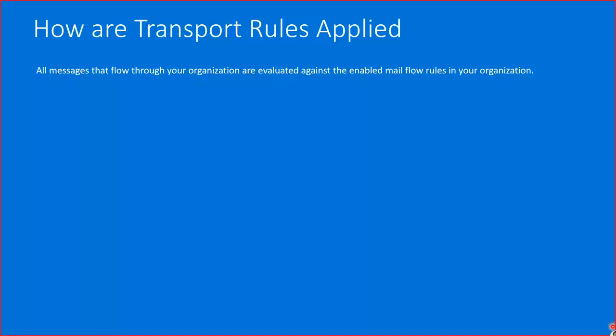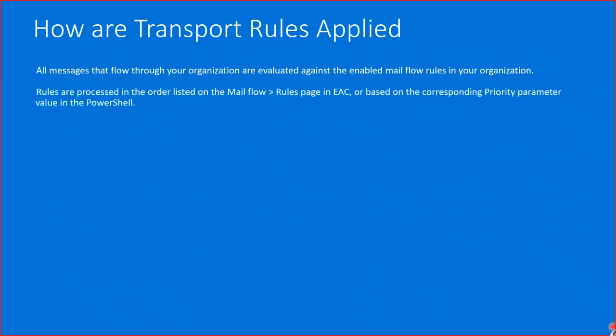Let's look at how transport rules are applied. Every message that comes into the Exchange environment, or Office 365 for that matter, flows through your organization and is evaluated against any existing transport rules that we have created. So rules are processed in the order they were created.